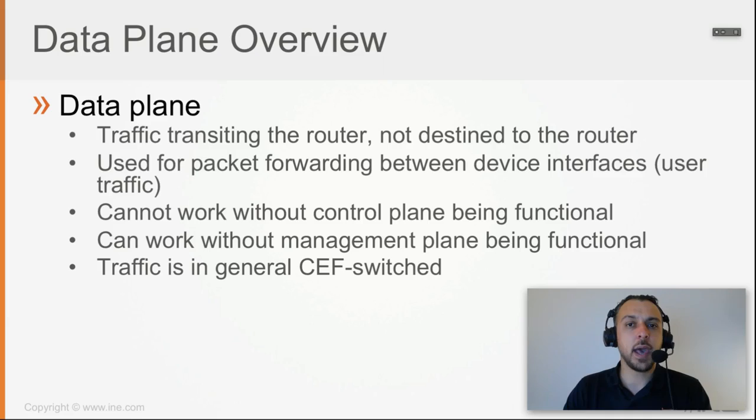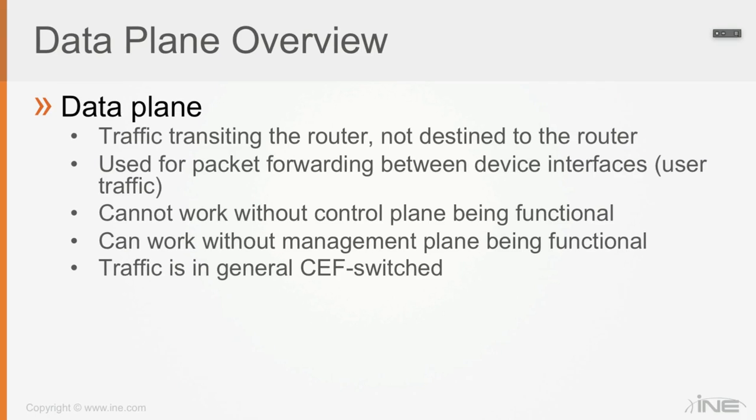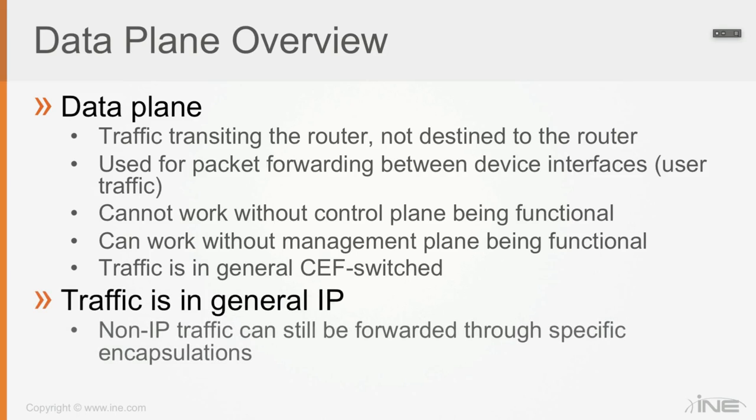If a transit packet matches an ACL, for example, and the ACL has the log keyword, likewise the packet has to be punted to the CPU, because the CPU is the router's component which is going to fire the syslog message, not the ASICs, not the CEF switching part. That's what I said, that the data plane in general, ideally, is going to be CEF switched. And data plane traffic is in general IP.